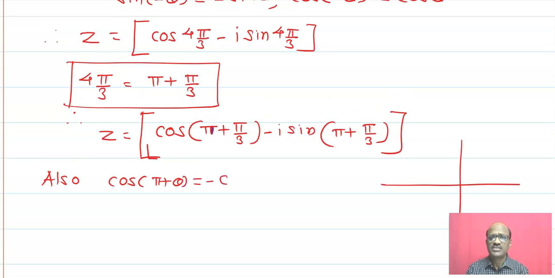Now see this trigonometry. Cos of pi plus theta goes in the third quadrant. In the third quadrant, cos is negative, sin is negative, and the function remains as it is whenever there is a pi angle.